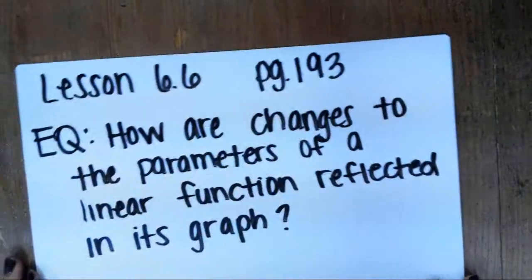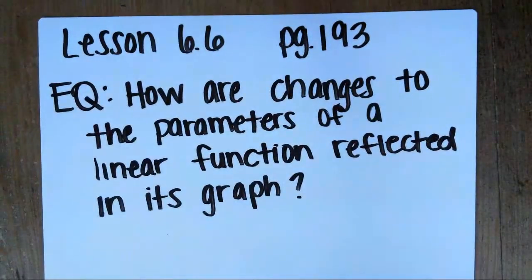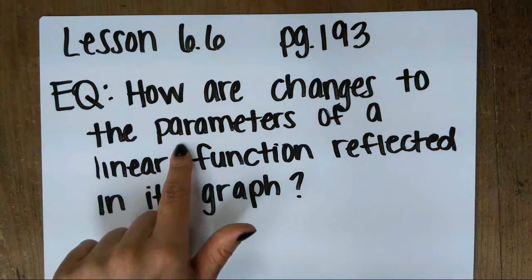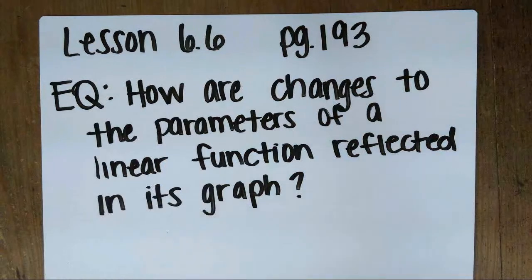Alright, so just so you guys can see, we are on lesson 6.6, which starts on page 193. Our essential question for this lesson says, how are changes to the parameters of a linear function reflected in its graph? So what we're going to be doing is discussing what parameters means. Basically, are we changing a slope? Are we changing an intercept?